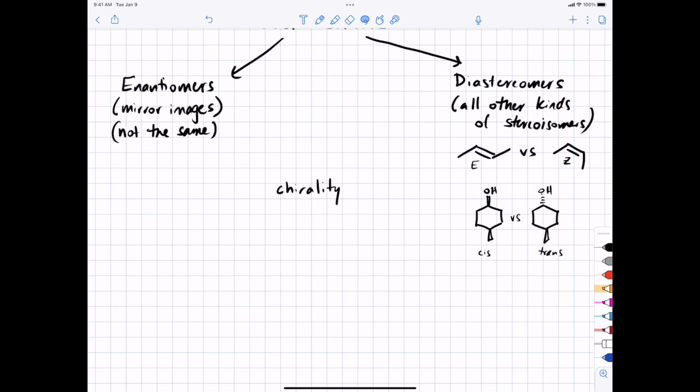By the way, diastereomers may be chiral or they may not. But all enantiomers are chiral. So we'll just write that here. Actually, a better way to say this is all chiral molecules have an enantiomer.